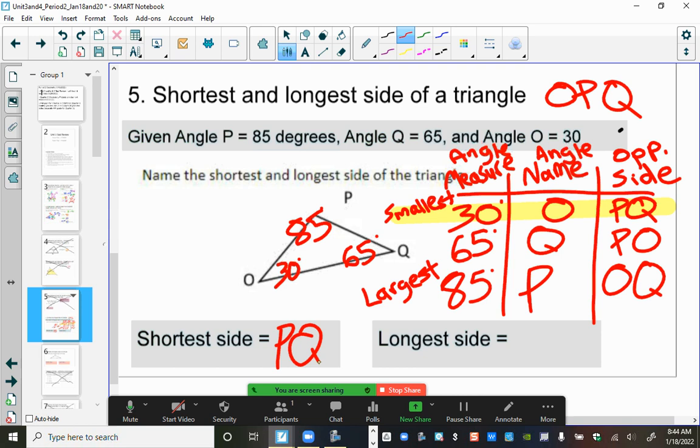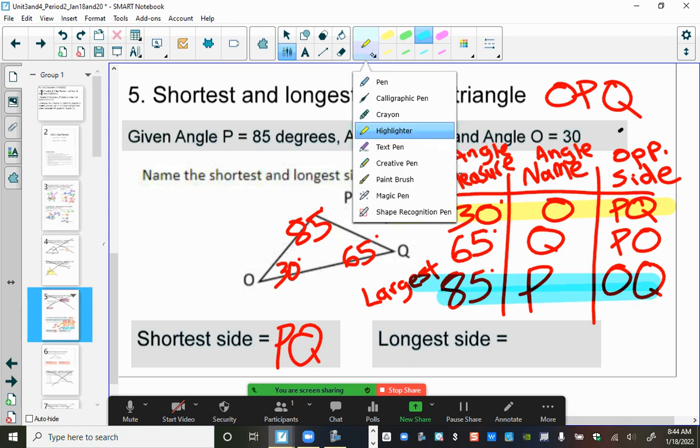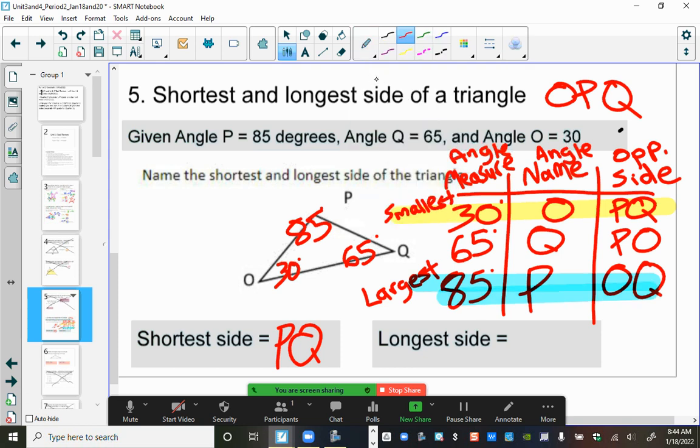And then the longest side. Smallest, largest. Okay, set up your chart if I give you such a problem. So I'll give you the shortest or longest side of a triangle, or the smallest or largest angle.